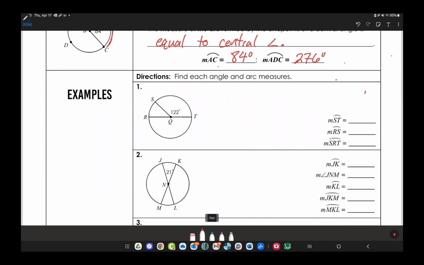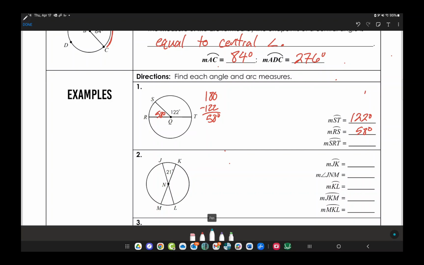So angle SQT is 122, which makes SQR 180 minus 122, which is 58 degrees. So that's going to make arc ST 122 degrees, arc RS 58 degrees, and arc SRT.